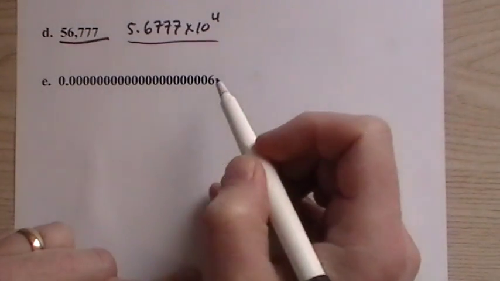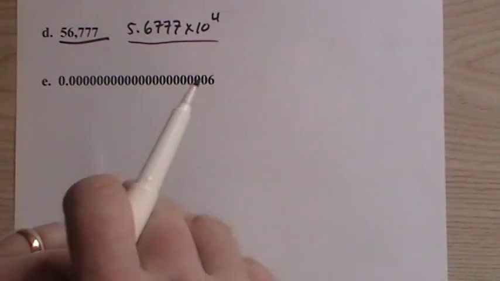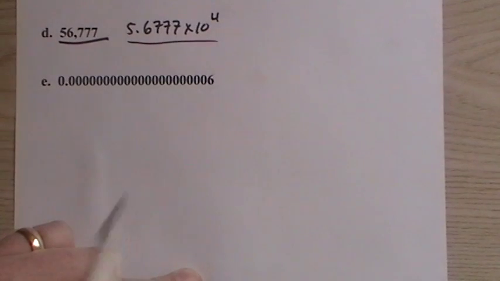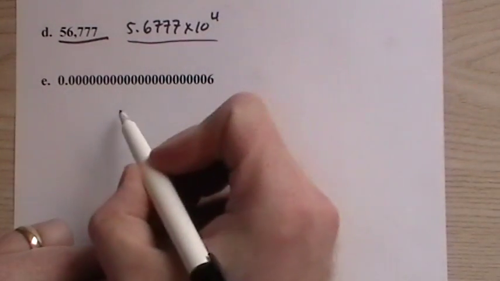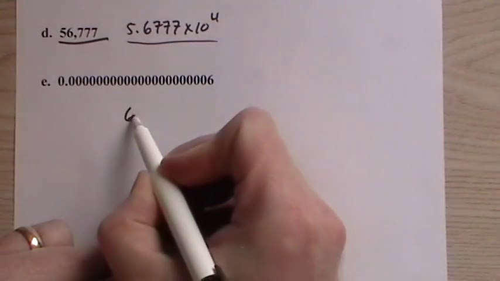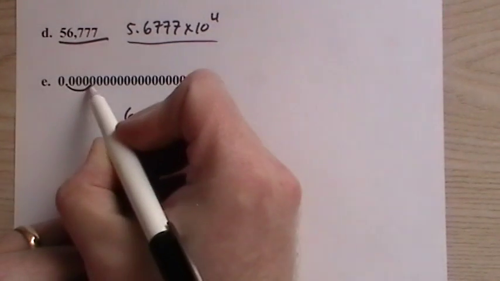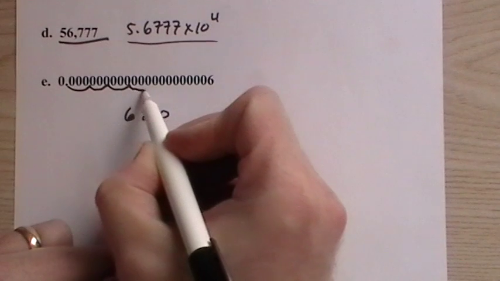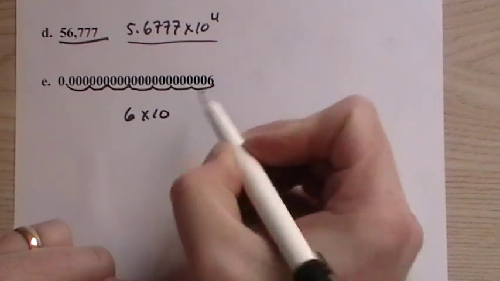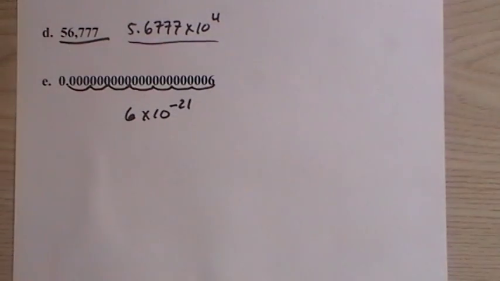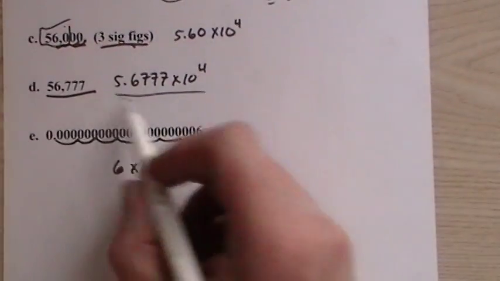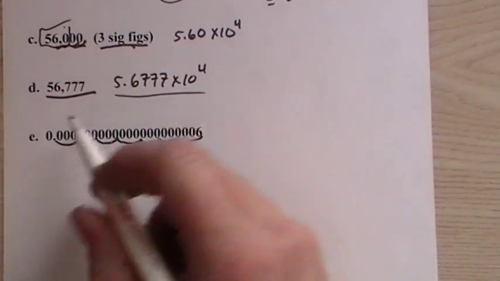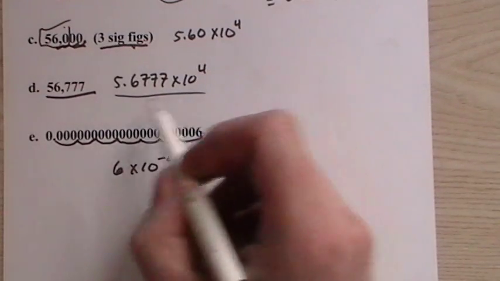So there are significant figures, and then there are numbers that are not significant figures, rather than insignificant. All this is a little tricky. It's 6 times 10 to the 3, 6, 9, 12, 15, 18, 21, minus 21. So you can see here, this one, it's not worth it to change over, unless somebody tells you to do it as part of a problem, but you wouldn't do it normally.